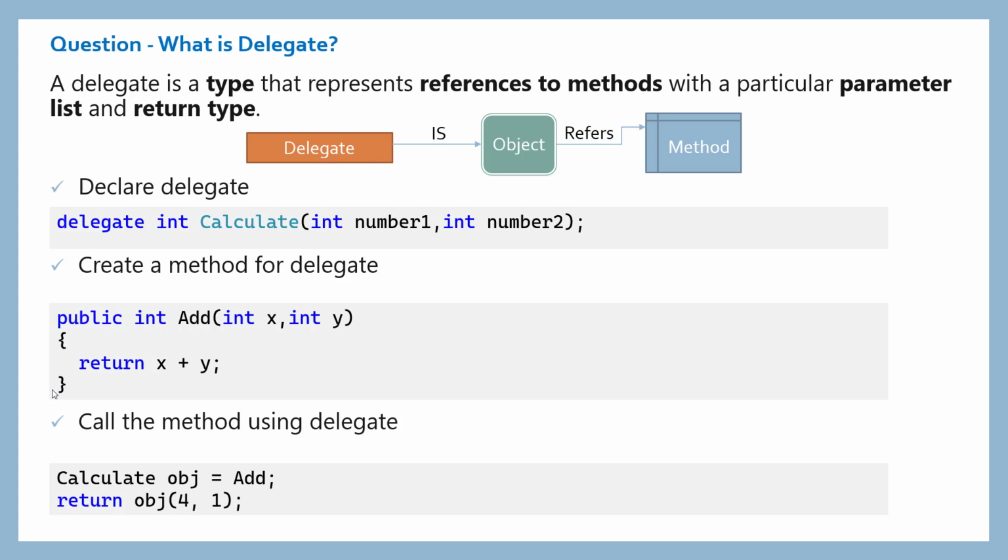This method is the add method, and basically in the picture the last block refers to a method. We can call this method by using delegate just by passing two parameters 4 and 1 in the instance of the delegate object.